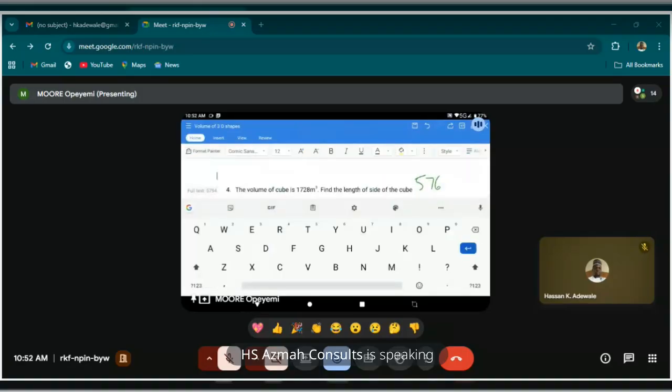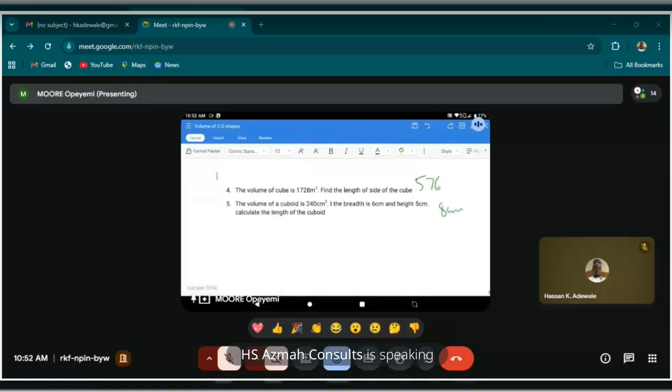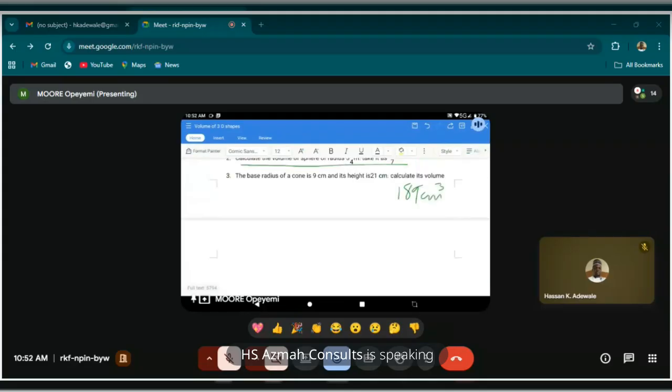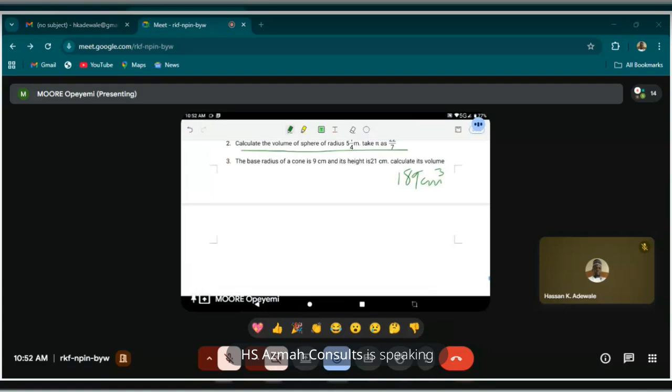Now let's see the solution. Number 3 says the base radius of a cone is 9 and its height is 21. Calculate its volume. As we know, what we need to write is the formula. Volume of cone is equal to 1/3 pi r squared h.